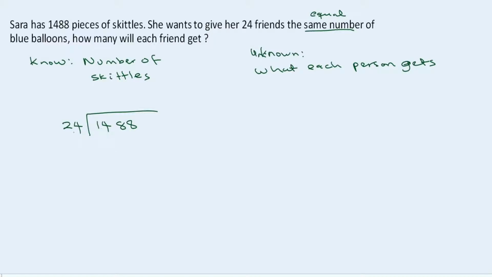So 1 divided by 24, not going to happen. 14 divided by 24, not going to happen. 148 divided by 24, not going to happen. So let's try this here.